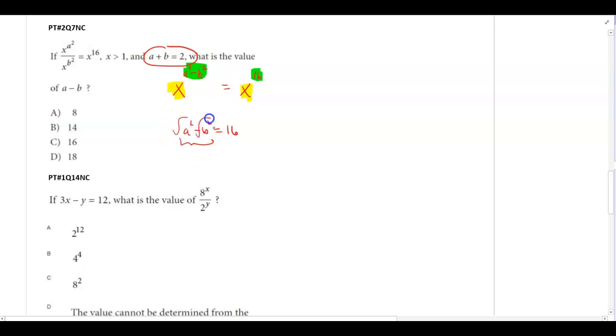If I factor it, I get a plus b times a minus b equals 16. Well, they told me a plus b is 2, so I'm going to replace this with 2 times a minus b equals 16. When I divide both sides by 2, I get a minus b is equal to 8.